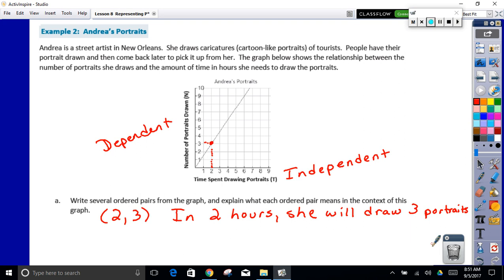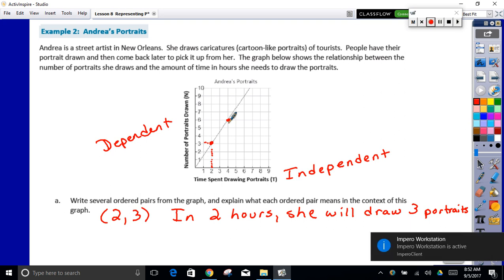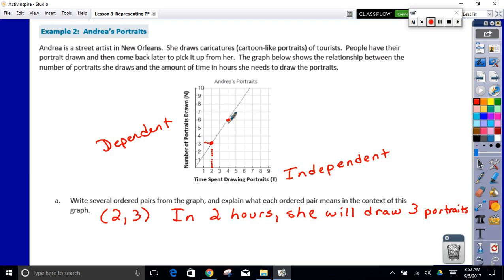Adria? 4, 6. Okay, 4, 6, that's a good point because that hits right in the center as well. On your paper, I have more lines on my graph than what you guys have there, I think. That's kind of interesting. Okay, so 4, 6.